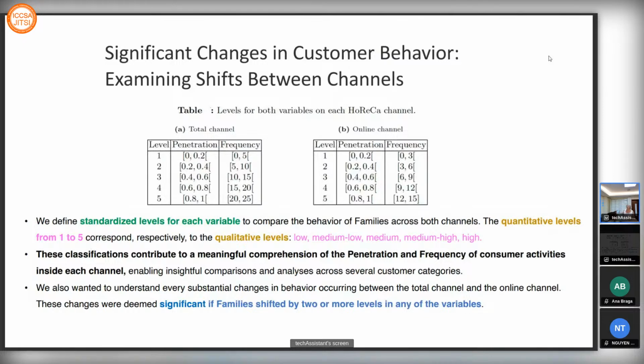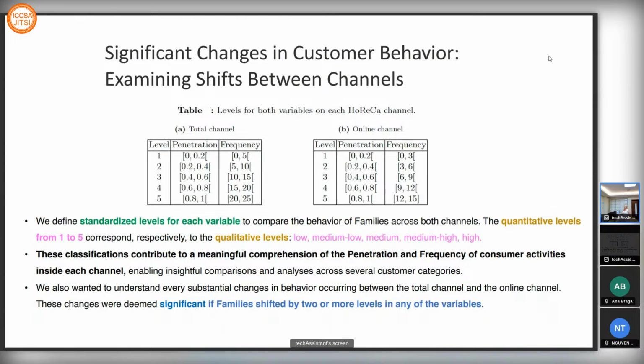These classifications contribute to a meaningful comprehension of the penetration and frequency of customers' activities inside each channel. It's important to say that the changes were deemed significant if families shift more than 2 levels in any of the variables. These are 2 examples.